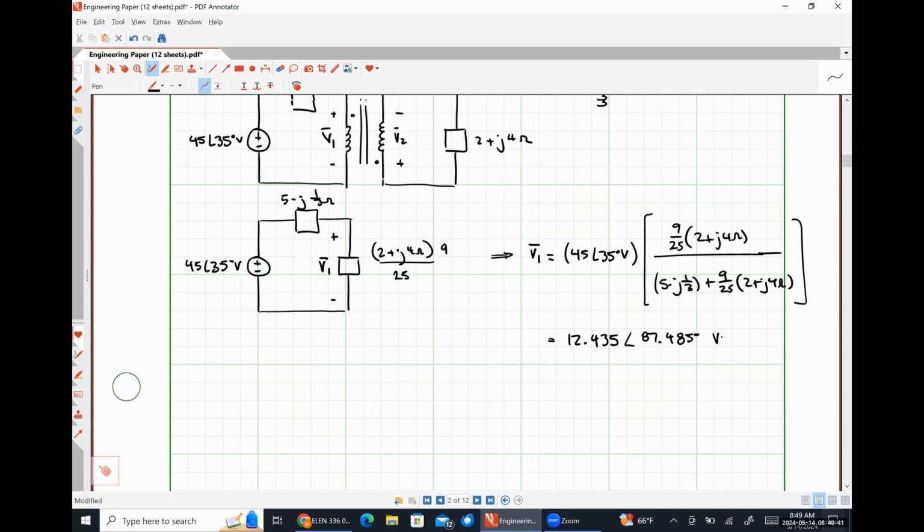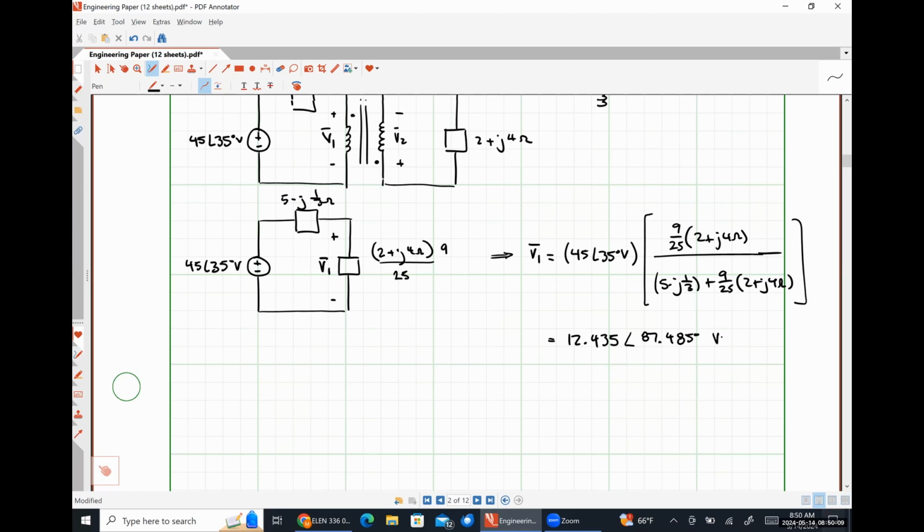So just to be clear, how we got here was simply reflecting our secondary impedance over to the primary so that we effectively get rid of the transformer in the circuit entirely because it's now unimportant. We know what impedance is seen across the primary terminals of our transformer, and then we just performed simple circuit analysis there.